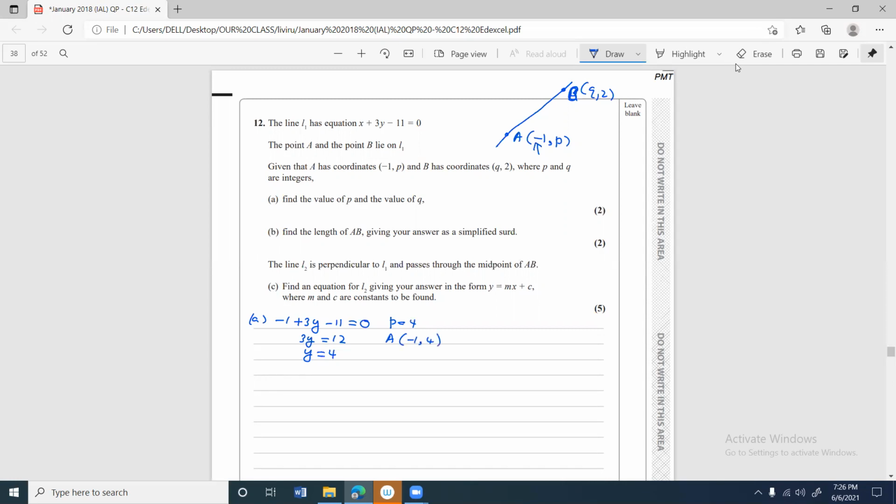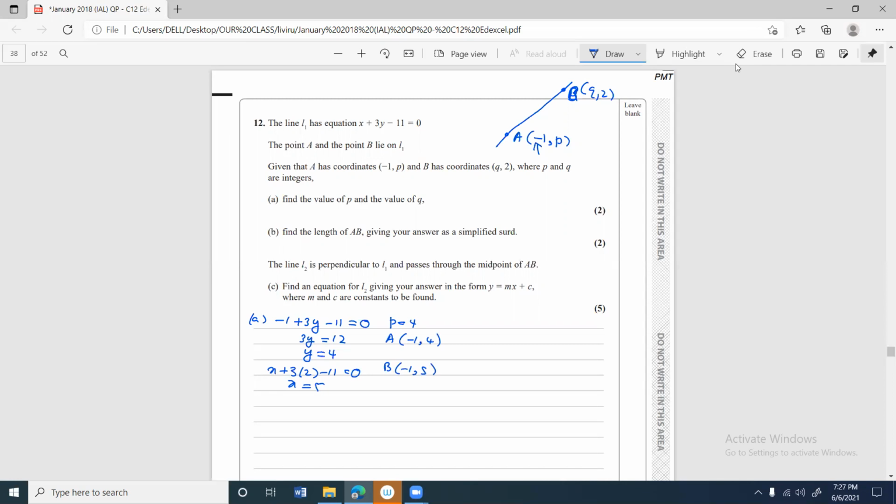If you consider the coordinate B, the y coordinate is 2. We can say x plus 2 minus 11 equals 0, so x equals 5. So the coordinate of B becomes (5, 2). So that's how to understand P and Q.